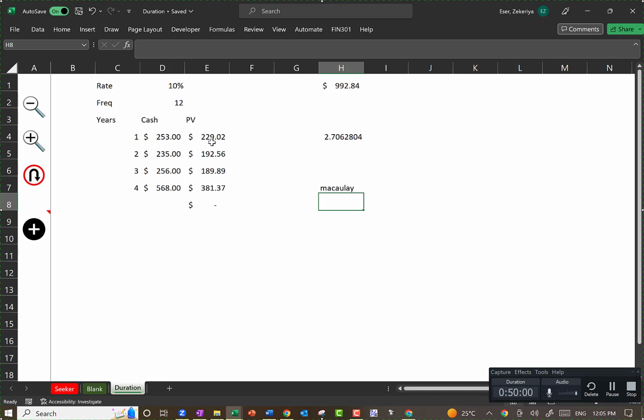Since I already have the PVs and years, sum product of years with PVs divided by the PV, but that's Macaulay duration, so divide the whole thing by 1 plus the period rate.